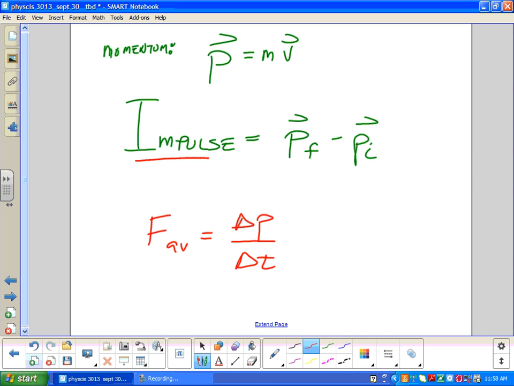This is impulse, delta P, right? The change in momentum is impulse. And if you take the impulse divided by the time, it equals the average force.